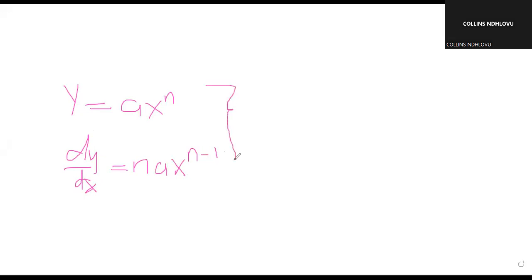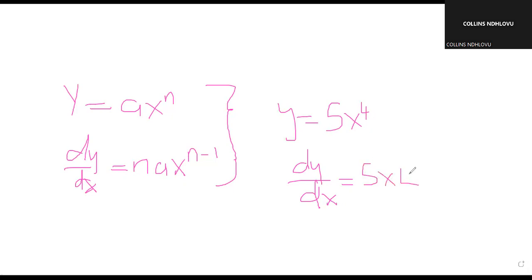So what does this equation talk about? It simply means if you have y = 5x^4, dy/dx is equal to, you multiply the numbers, 5 times 4, then you subtract 1 from the power, 4 minus 1.